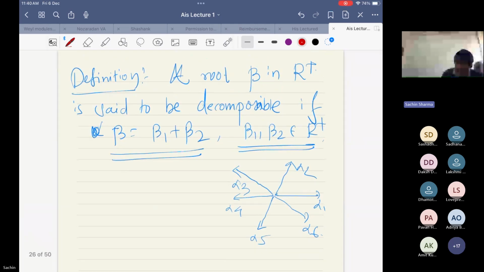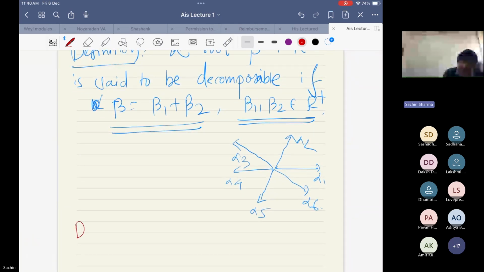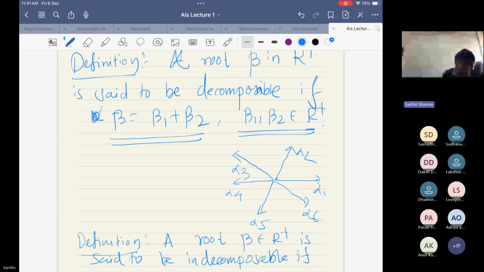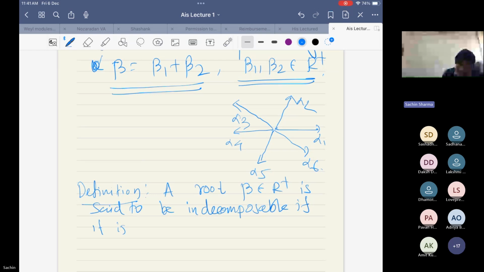And so it paves the way for us to define an indecomposable root. A root beta belonging to R is said to be indecomposable if it is not decomposable.